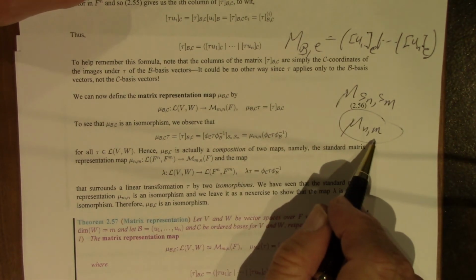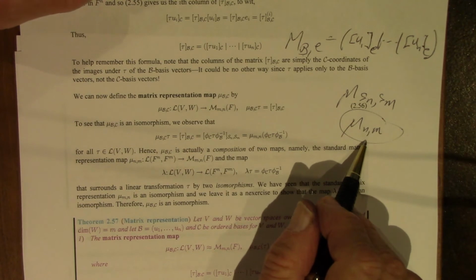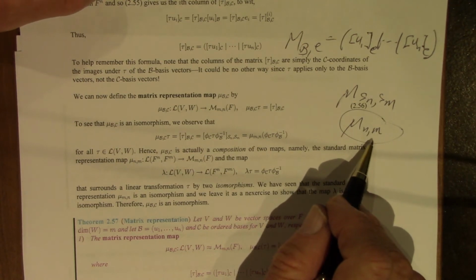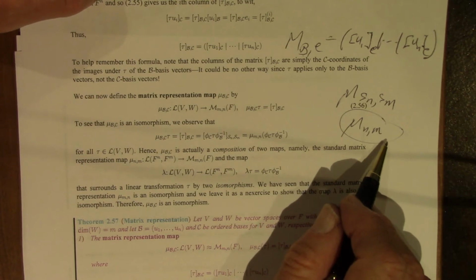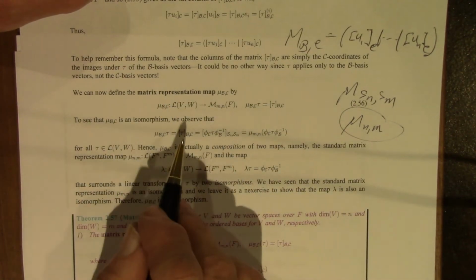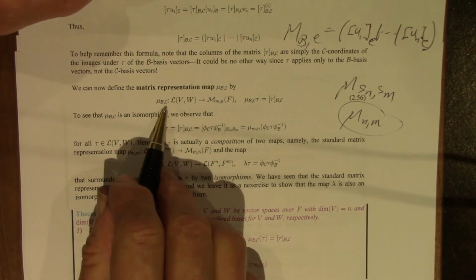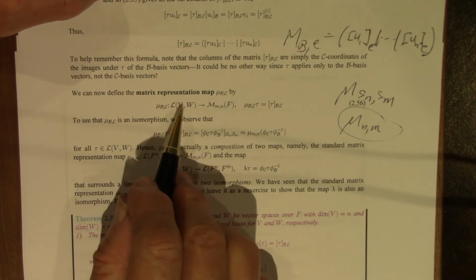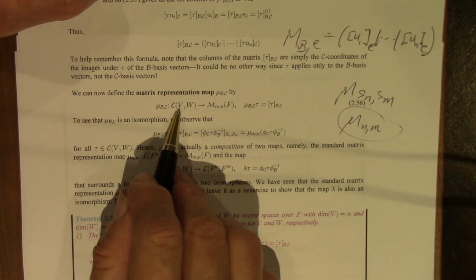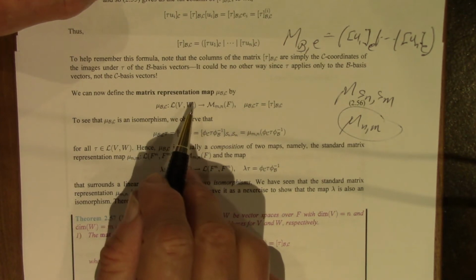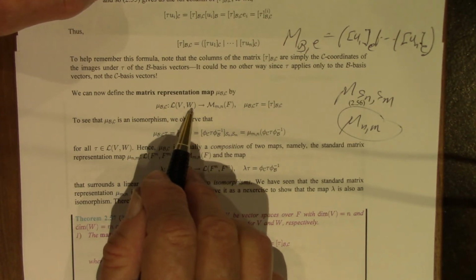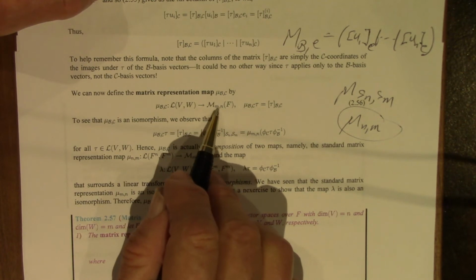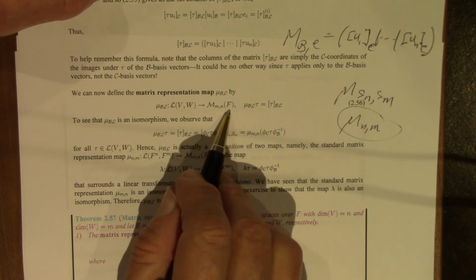This was a fully faithful representation of linear transformations from Fn to Fm by m by n matrices. This is a fully faithful representation of linear transformations from an n-dimensional vector space to an m-dimensional vector space by m by n matrices.